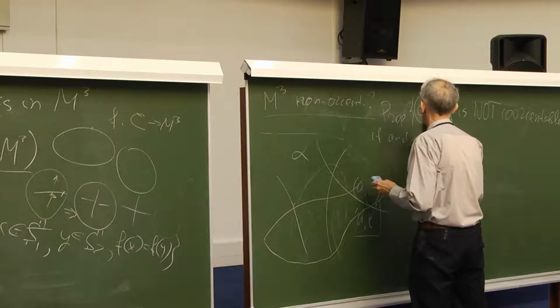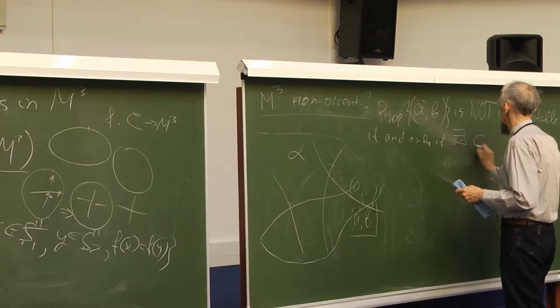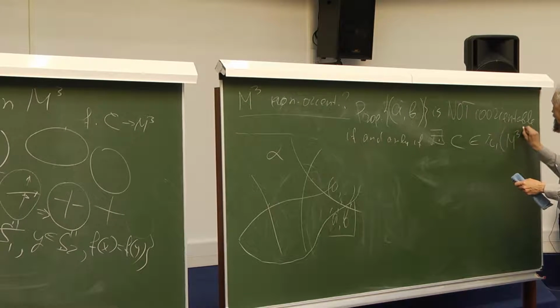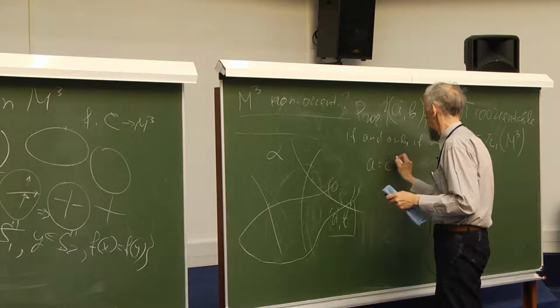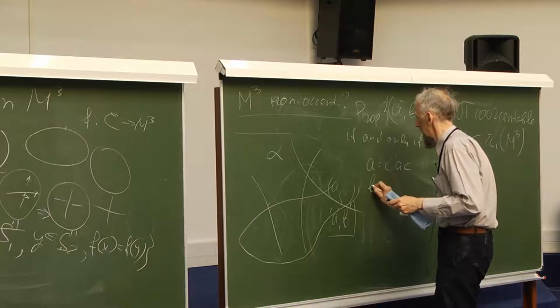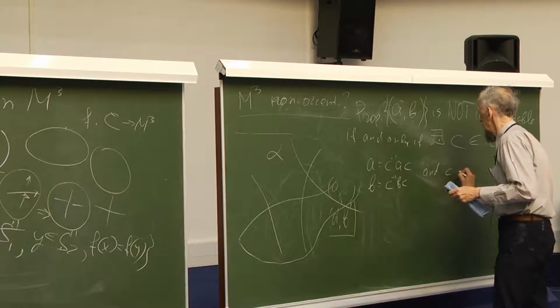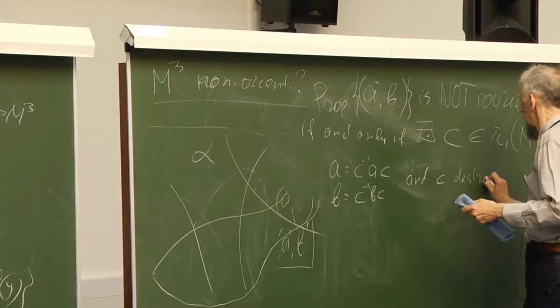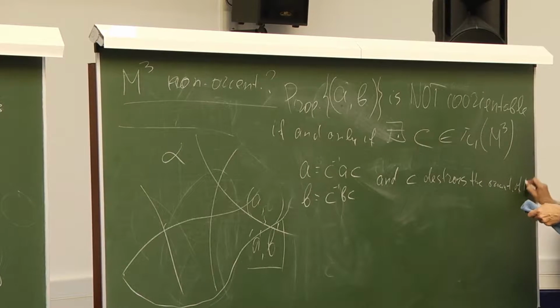If and only if there exists some element C of the fundamental group which commutes with both A and B. And C destroys the orientation of our manifold.